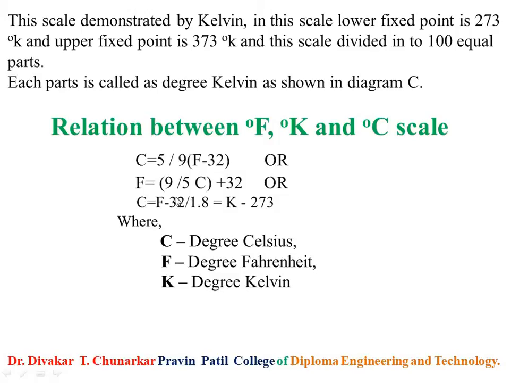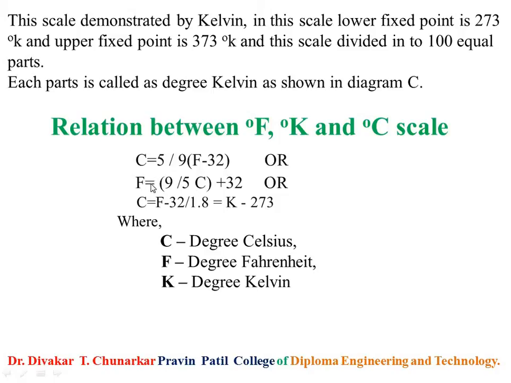And third relation, C equal to F minus 32 upon 1.8 equal to K minus 273.